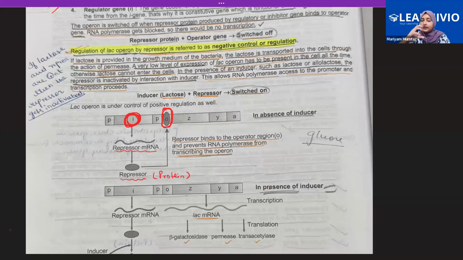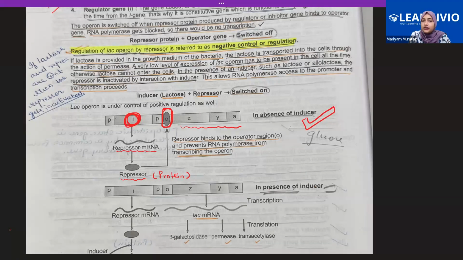Now, when the operator region has the repressor bound to it, the RNA polymerase will not be able to transcribe the 3 structural genes, and then those enzymes will not be formed. And this happens when the inducer, that is the lactose, is absent. Clear? When it is absent, the repressor protein will be synthesized and the whole process will be inactivated.